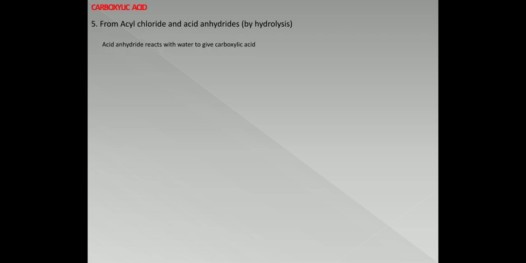Now, from acyl chloride and acid anhydrides, by hydrolysis, acid anhydrides react with water to give the carboxylic acid. See this reaction: CH3C double bond O, CH3C double bond O, which is attached to this oxygen, that is acetic anhydride. Acetic anhydride, when treated with water, means hydrolysis, then it forms this compound.